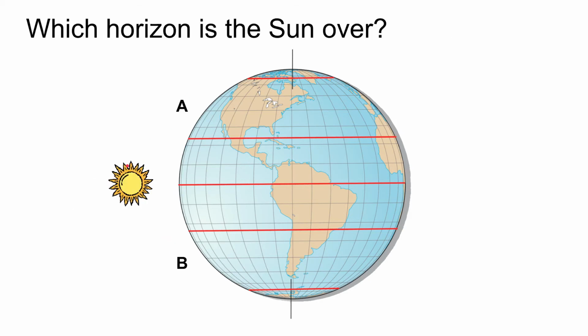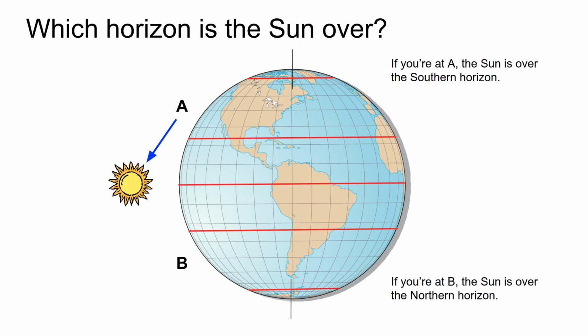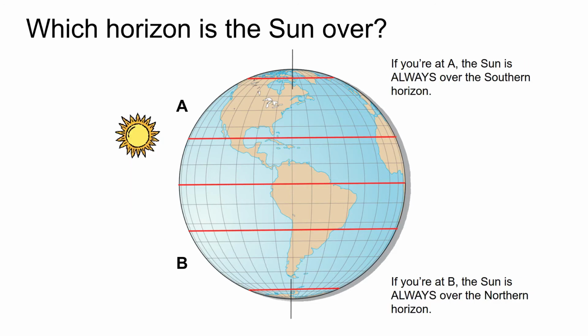So, which horizon is the sun over? If you were at A, the sun is over the southern horizon. You're looking south. If you're at B, the sun is over the northern horizon because you're looking north. In fact, if you're at A, it doesn't matter the season. The highest north the sun's going to go is the Tropic of Cancer.